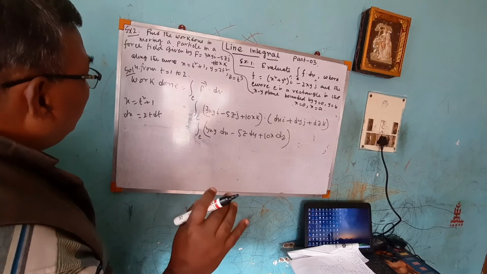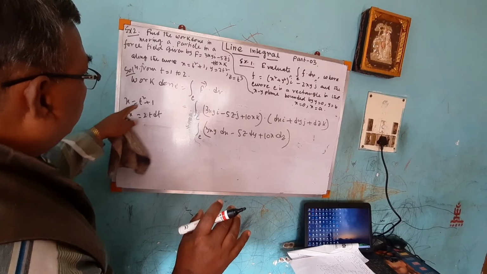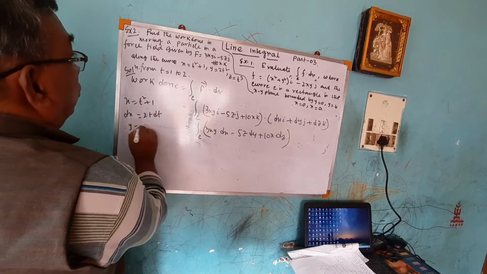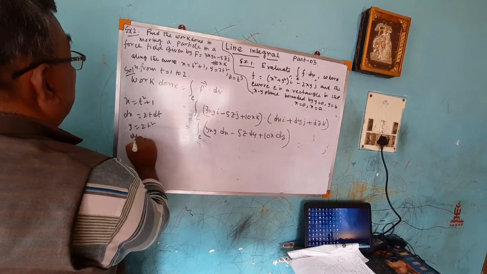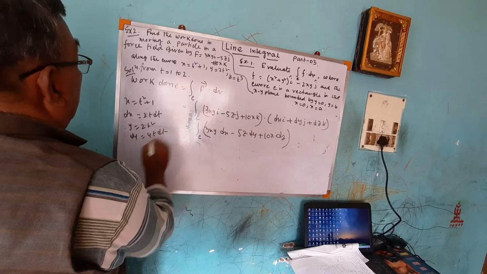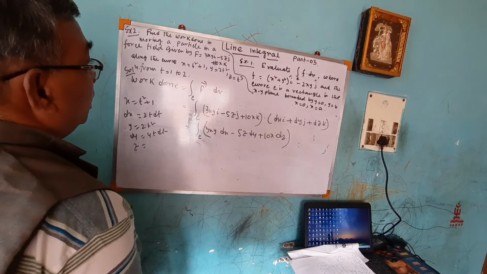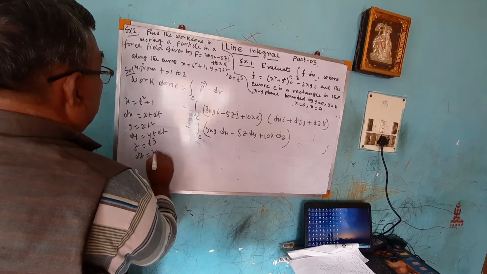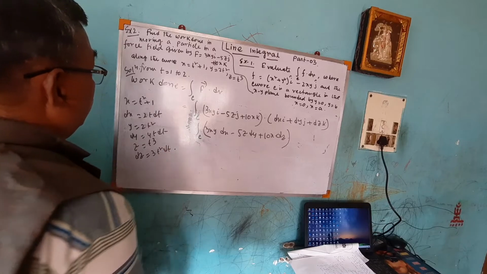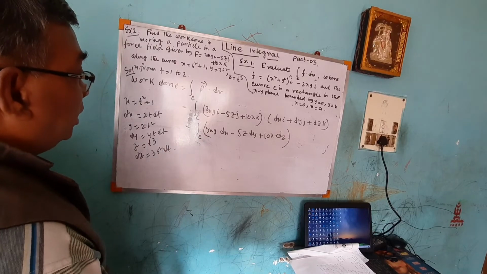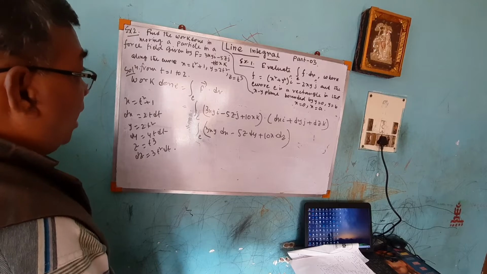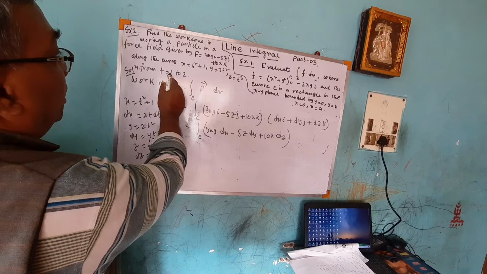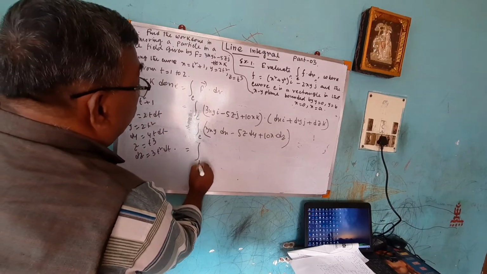Similarly y equals 2t square, therefore dy equals 4t dt. And z equals t to the power 3, so dz equals 3t square dt. And what is the limit? t equals 1 to 2.